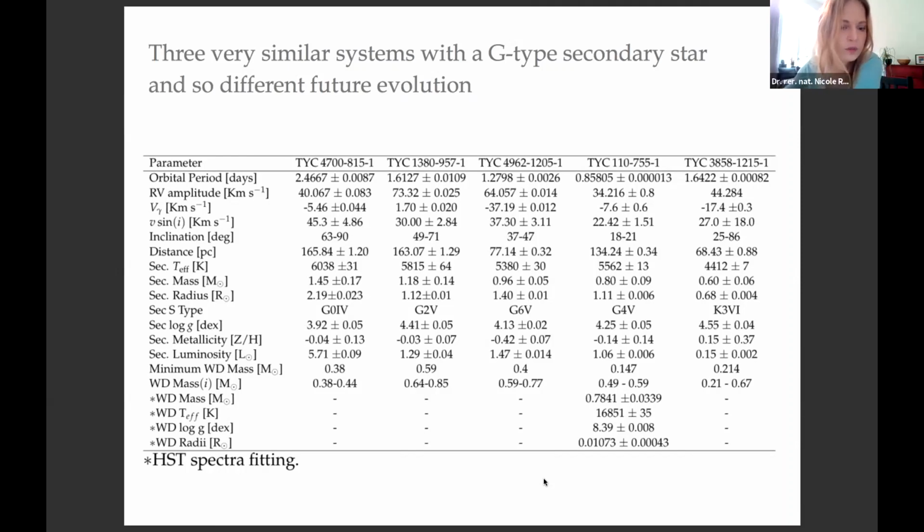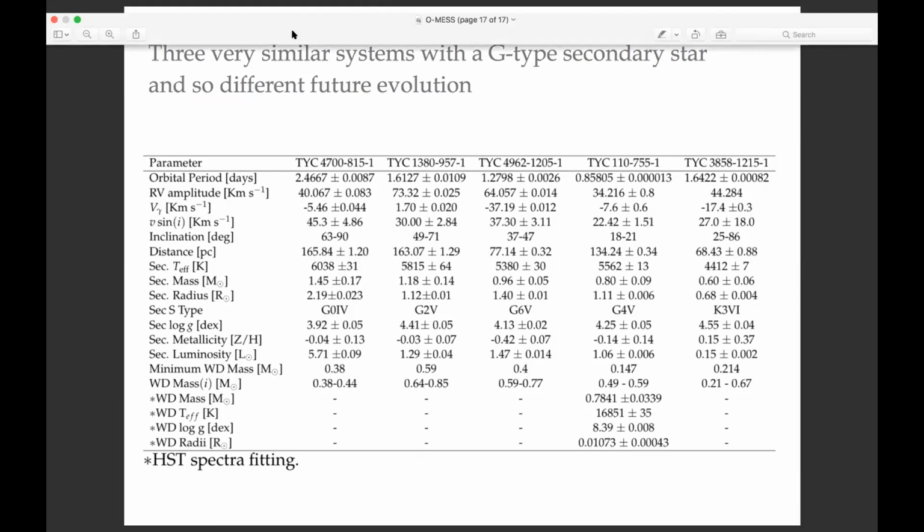Felipe raised his hand, so maybe you can just start speaking. Yes, can you hear me? Yes. Super, great. So, complementing the answer from Stephania, we don't know exactly the mass of the white dwarf because we only know that there is a white dwarf, but maybe the white dwarf is the third companion.